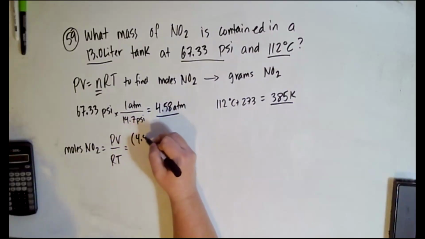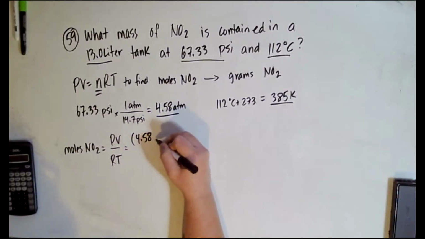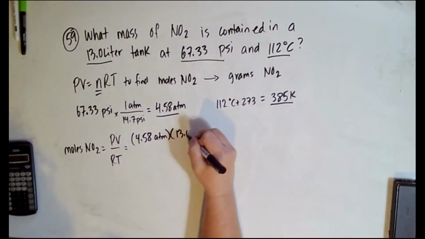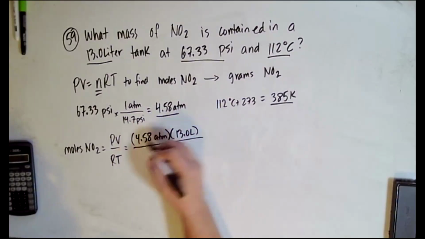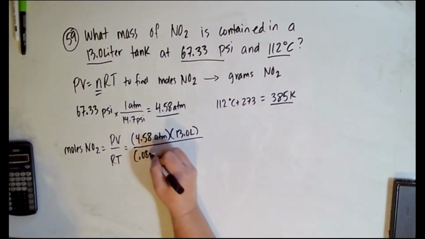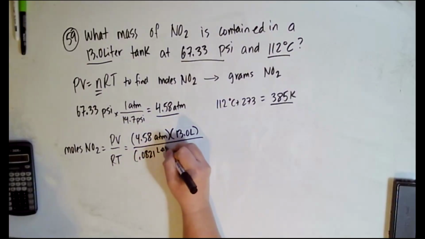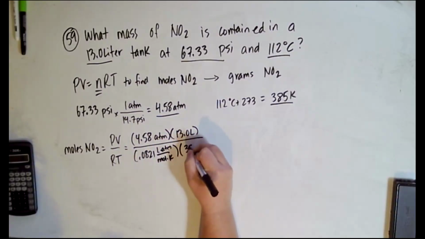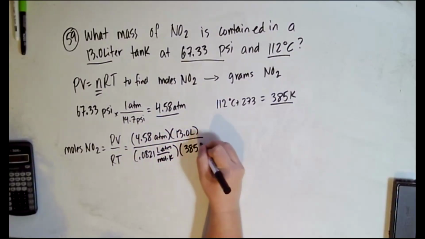So 4.58 atmosphere, 13 liters. Our R constant and our temperature.